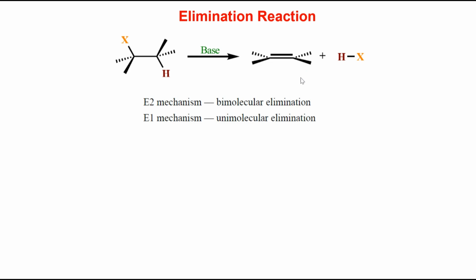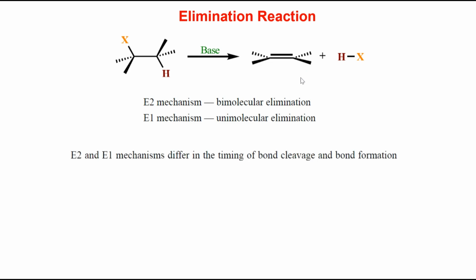They are E2 mechanism and E1 mechanism, which stand for bimolecular elimination and unimolecular elimination, similar to the substitution reactions we have seen. In both the mechanisms, the elimination of hydrogen halide takes place, but the timing of the bond cleavage and bond formation differs.